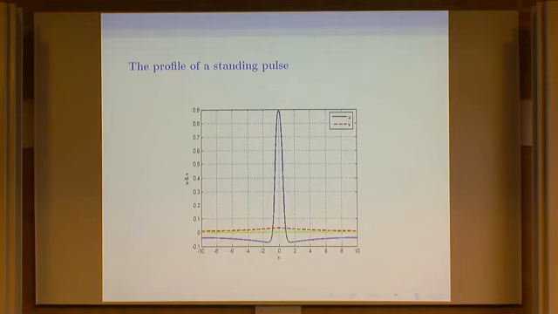On the half line, V is monotone decreasing. And we actually prove such results, so we give a very precise description of the profile of such a localized pulse.